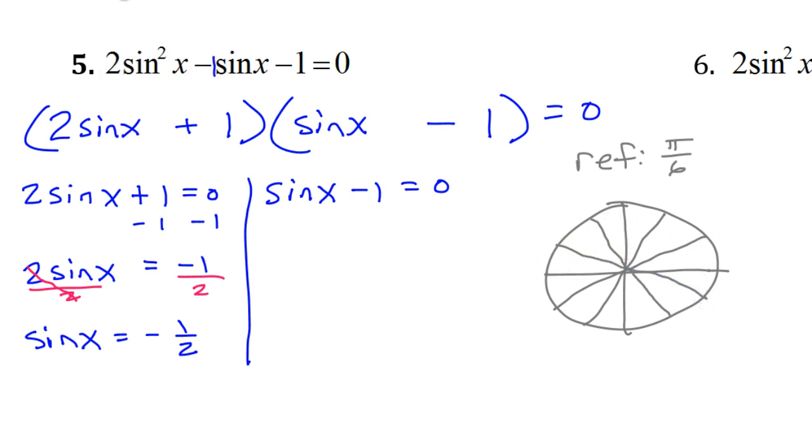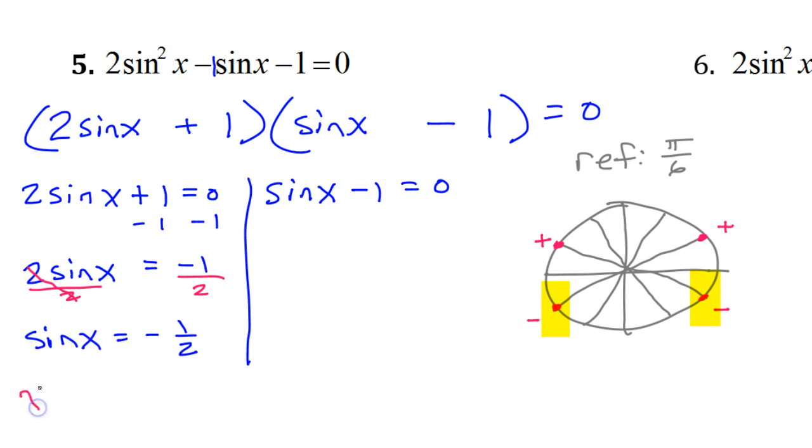So there are 4 angles that have a reference angle of pi over 6, above and below the x-axis. The sine of any of these angles will give me some kind of 1/2, but 2 of them will be positive 1/2 and 2 of them will be negative 1/2. Since sine is a y value on the unit circle, these 2 will be positive and these 2 will be negative. So since I want negative 1/2, then my solutions will be here and here. So those 2 angles are the solutions to this equation.